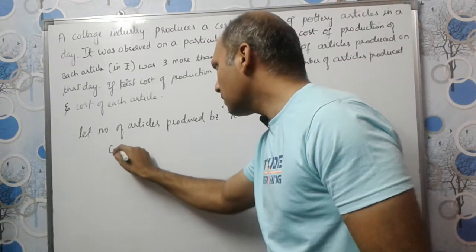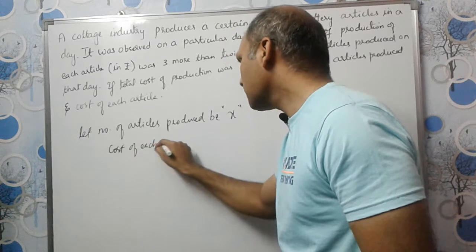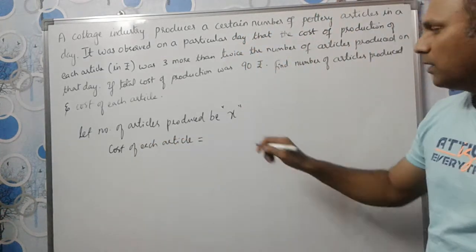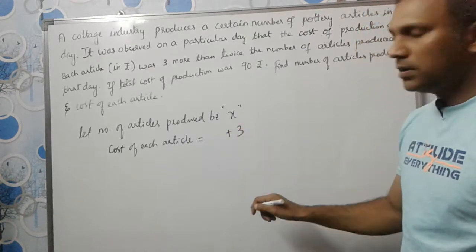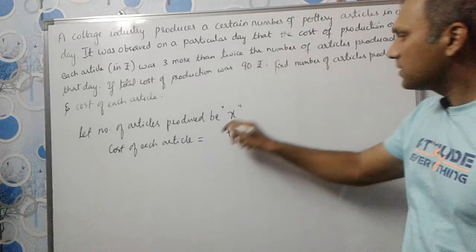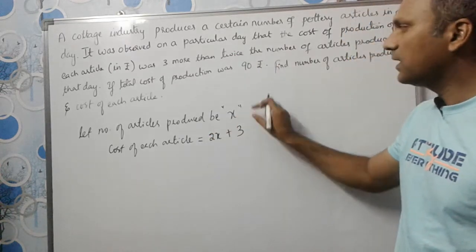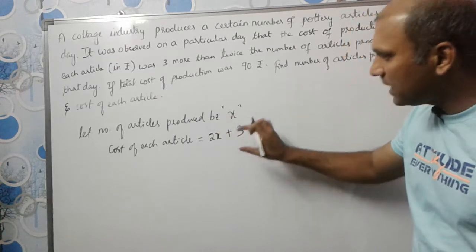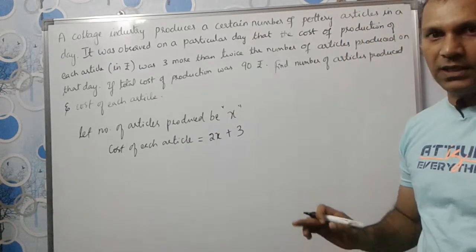So the cost of each article is equal to how much? It was 3 more, means plus 3, than twice the number of articles. We took the number of articles as x, so twice will be 2x, plus 3. So this is the cost of each article.